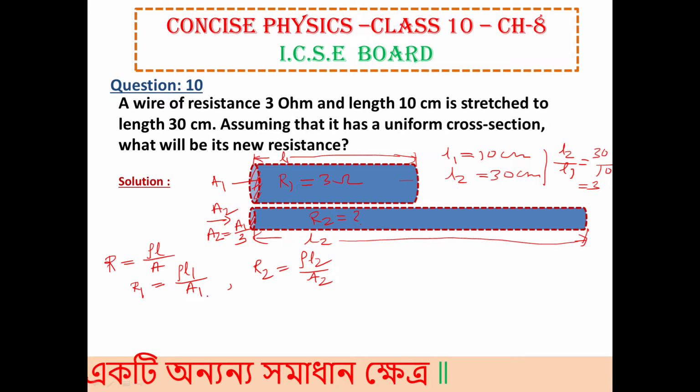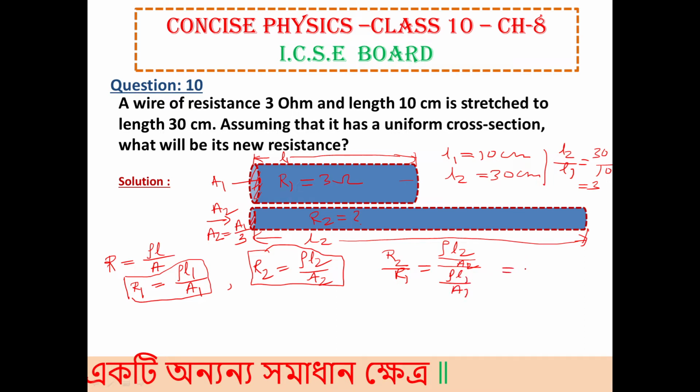So this is R2, this is R1. If I divide R2 by R1, we get R2 by R1 equal to what? Rho L2 by A2 over rho L1 by A1.